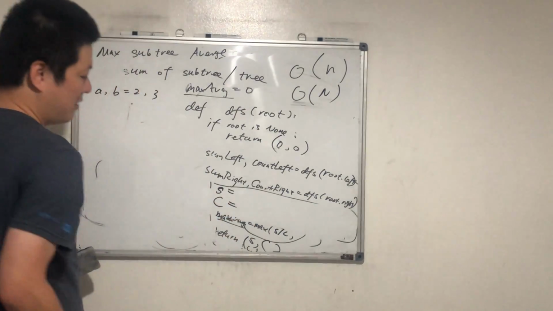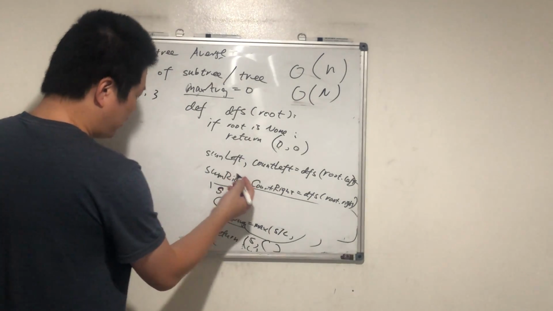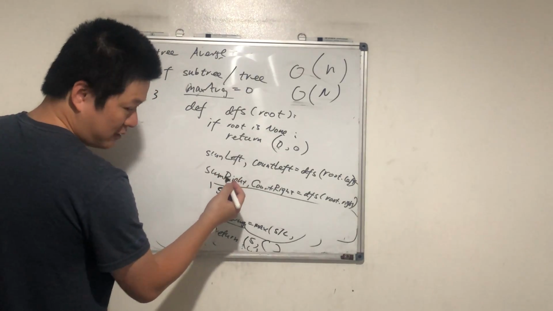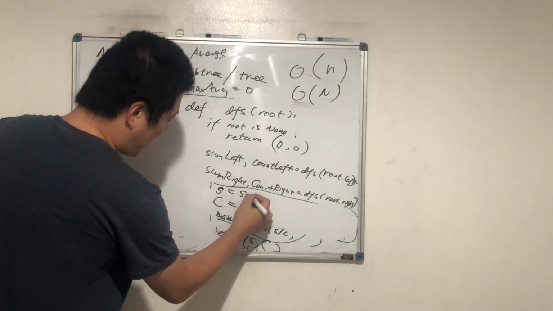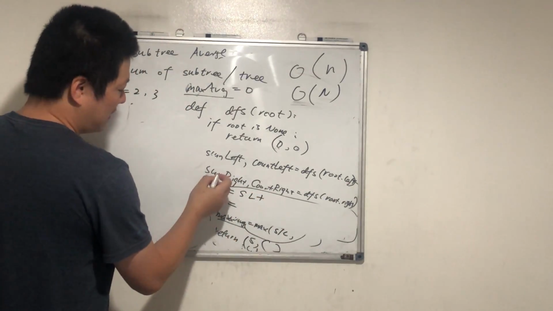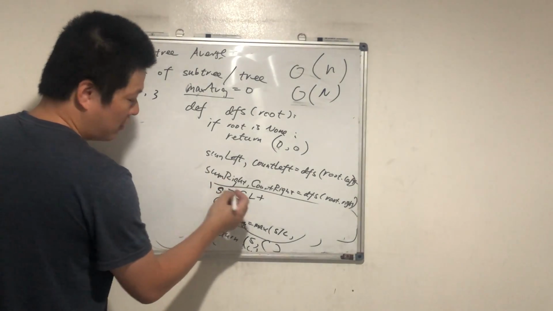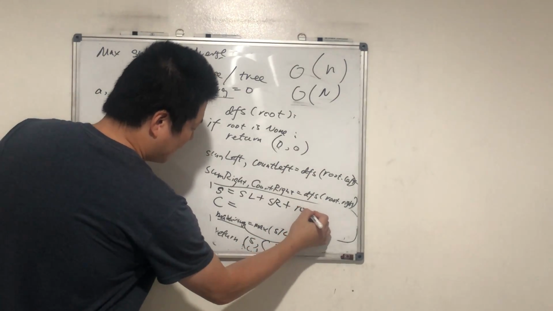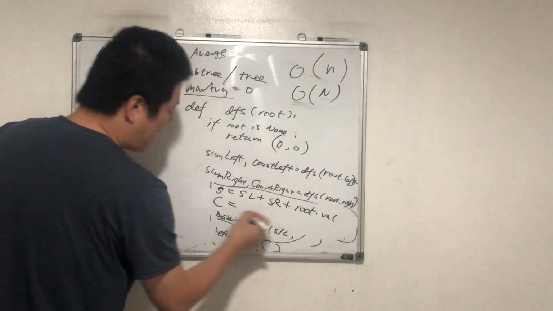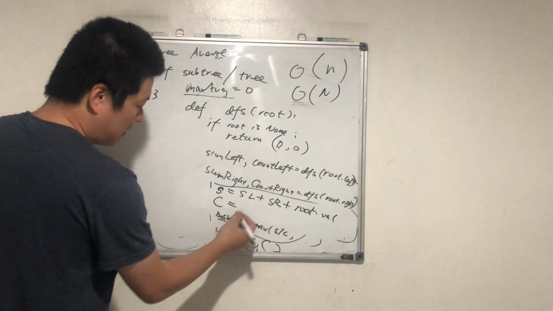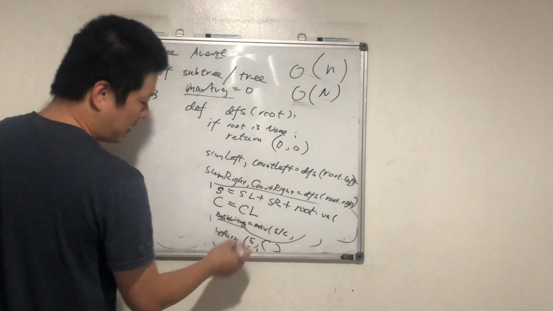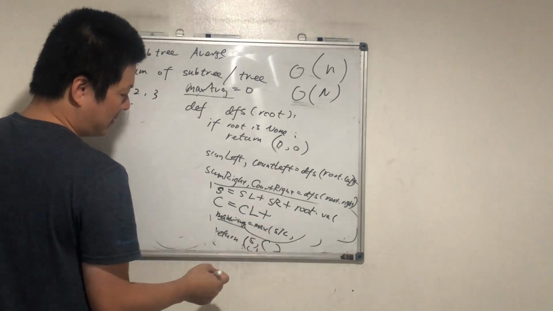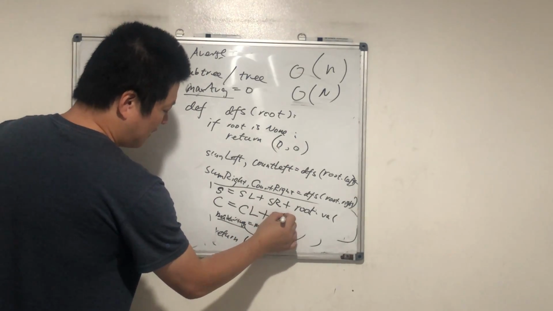S is sum left plus sum right, plus root value. And count equals count left plus count right plus 1.